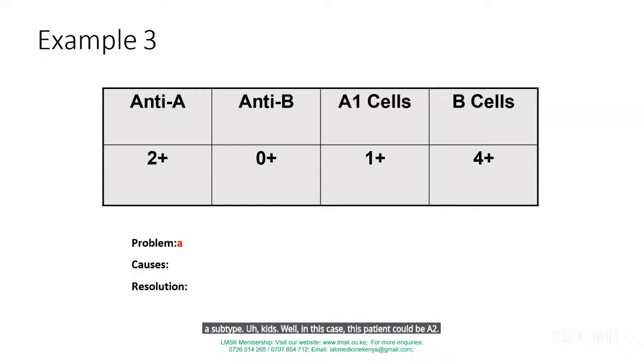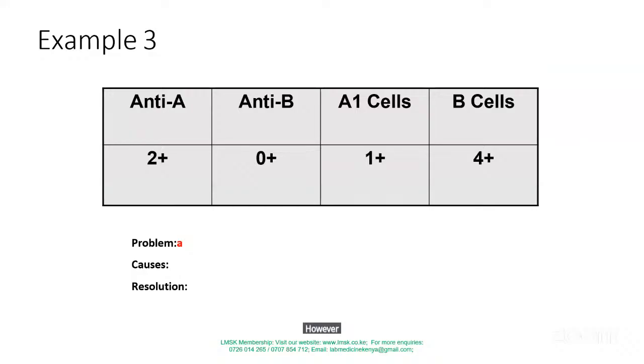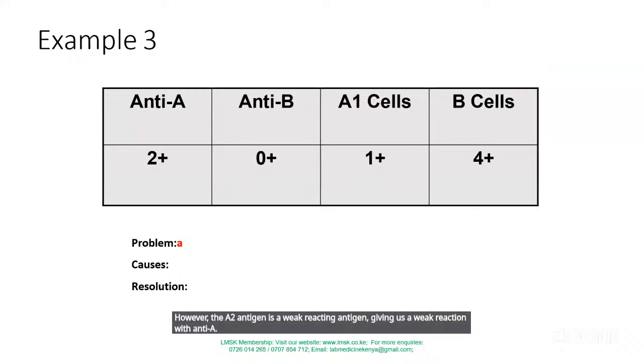And that's why, even the A2 patients, which antibody will be present in their system? Anti-B, and it will be a potent anti-B, high titer, that reacts very strongly, the way we are seeing it in the reverse typing. However, the A2 antigen is a weak reacting antigen, giving us a weak reaction with anti-A in the forward typing.